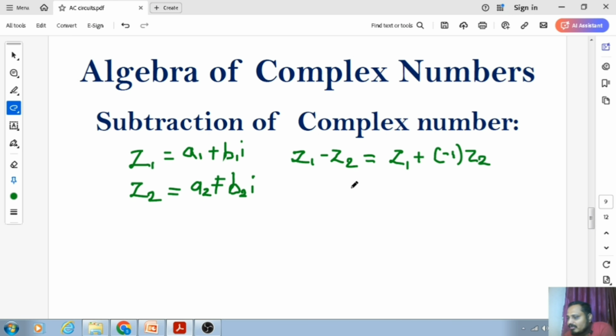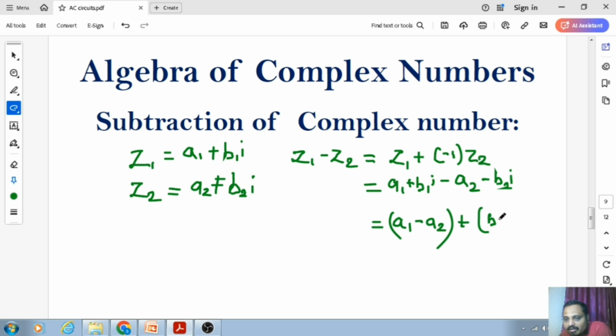So what we will get is this: A1 plus B1 times i, okay, minus A2 minus B2 times i. So here we have A1 minus A2, plus B1 minus B2 times i.